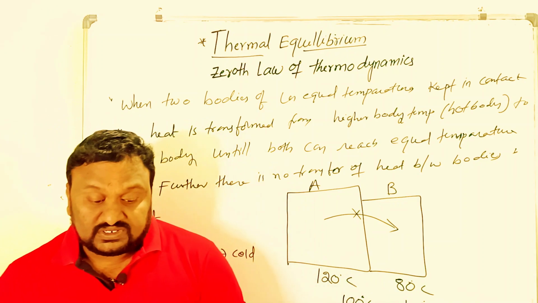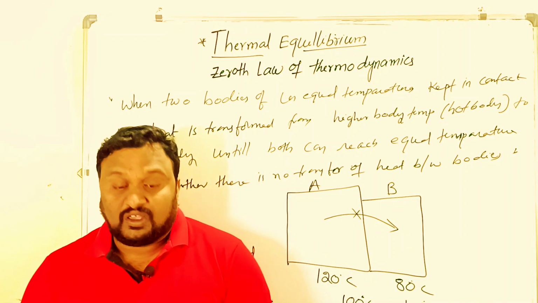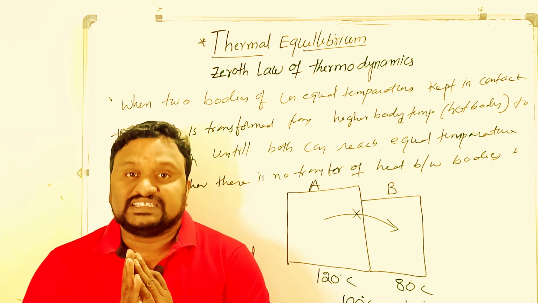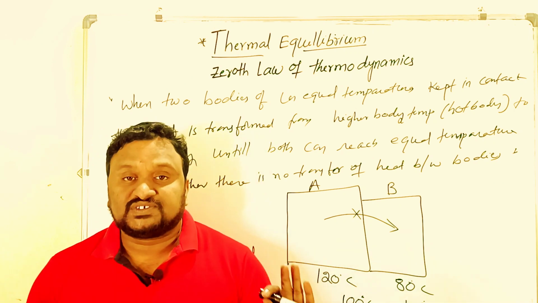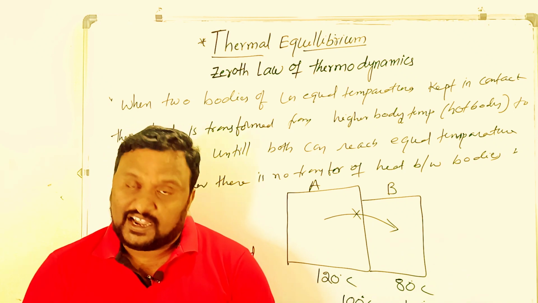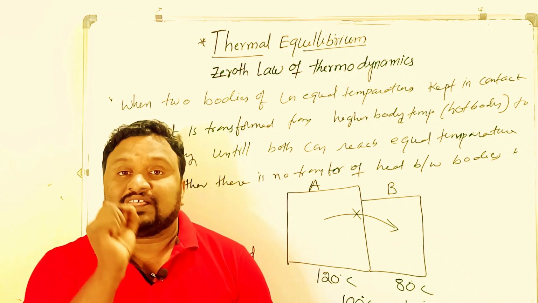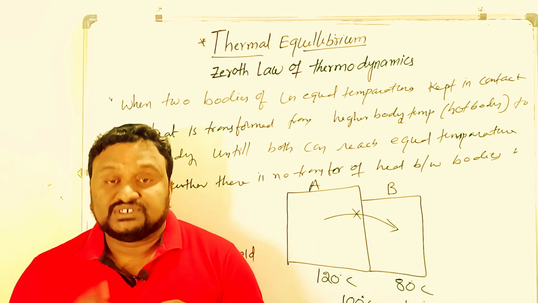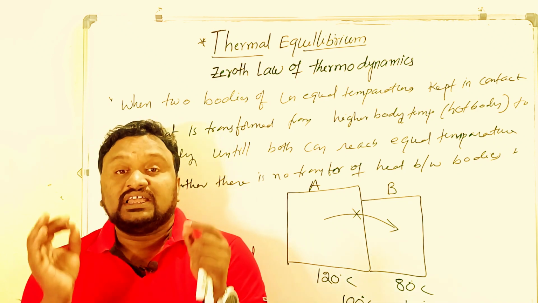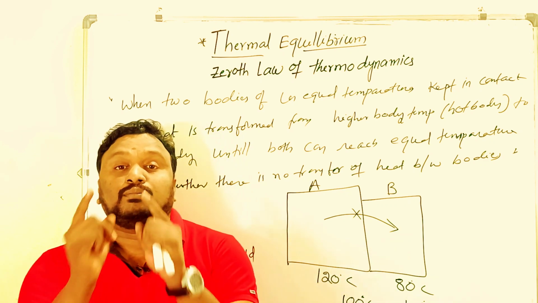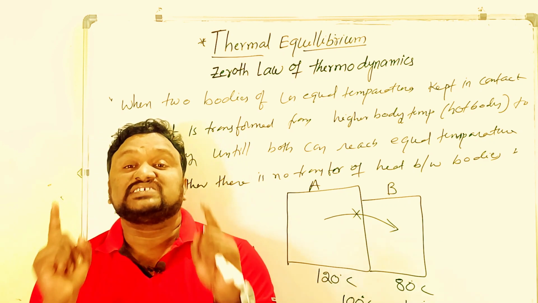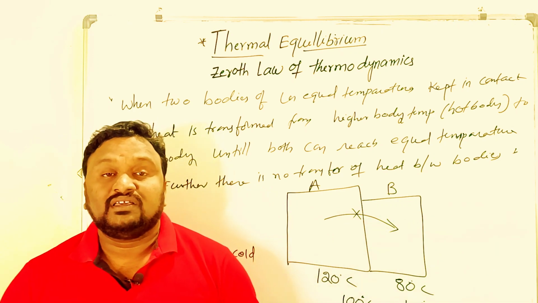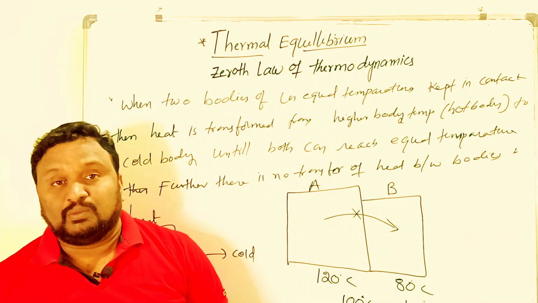Simply, when two bodies have equal temperatures, heat is not transferred from one body to the other. That particular condition is thermal equilibrium, and you have to remember that in thermal equilibrium both have the same temperature.